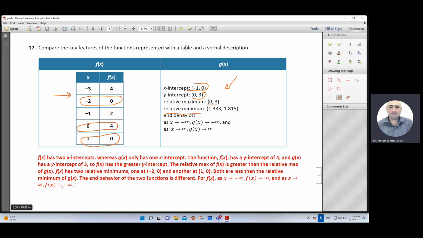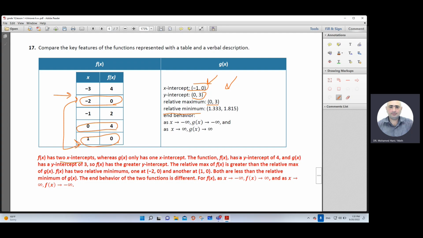Right. Compare now the x-intercepts and y-intercepts. f(x) has 2 x-intercepts, this and this, whereas g(x) only has 1 x-intercept, just this.